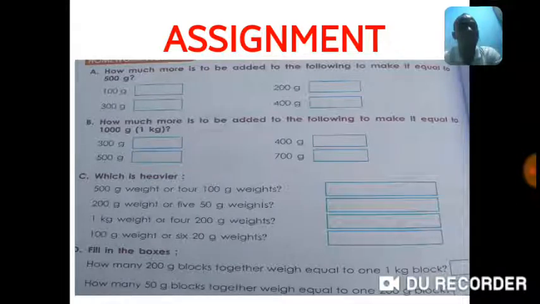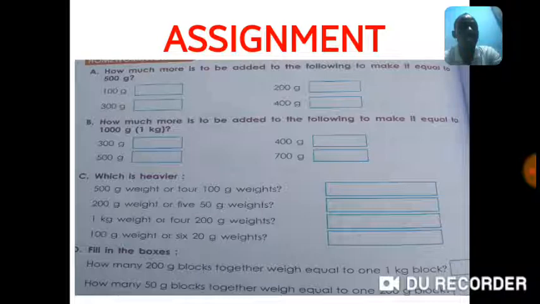The same as 200 grams weight compared to 550 grams weight. 1 kilogram weight or 200 grams weight added 4 times, as compared to 1 kilogram.